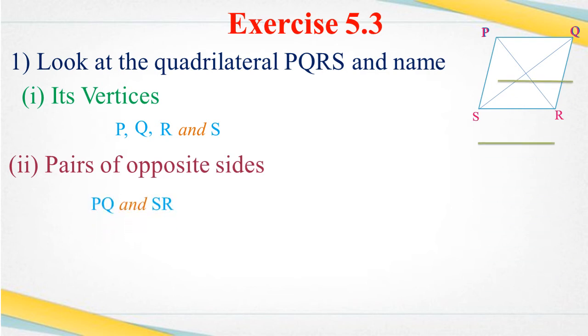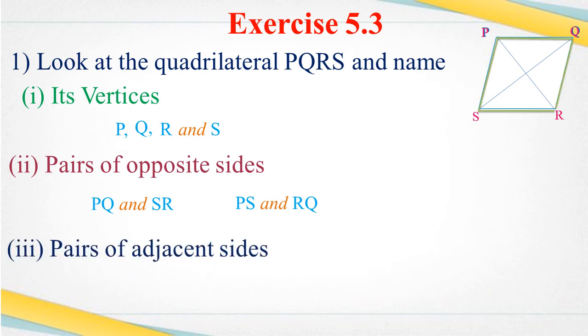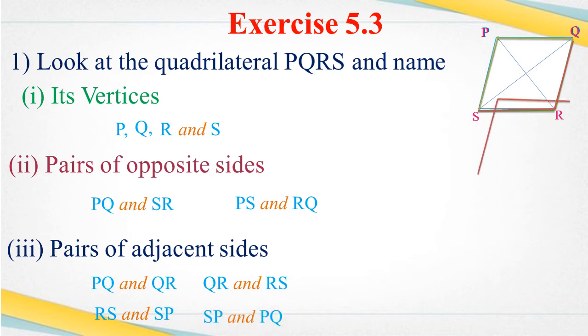That means PQ and SR, these two are opposite sides, and PS and RQ, another pair of opposite sides. Pairs of adjacent sides: PQ and QR, second QR and RS, third RS and SP, then SP and PQ.